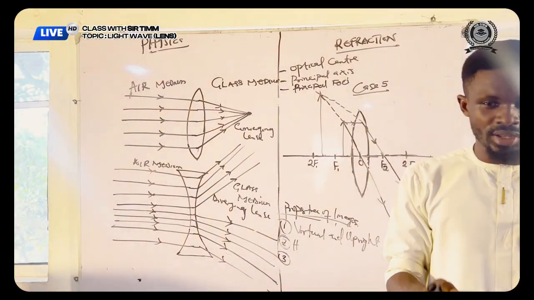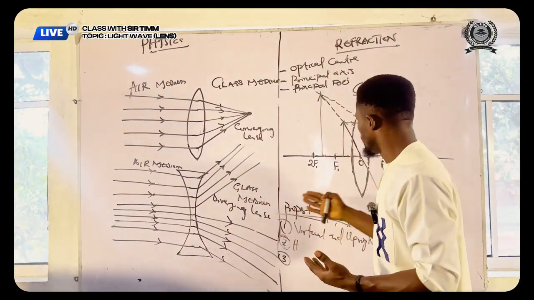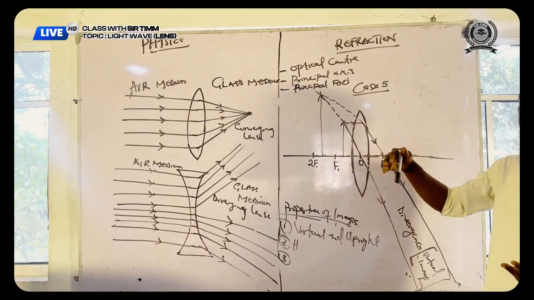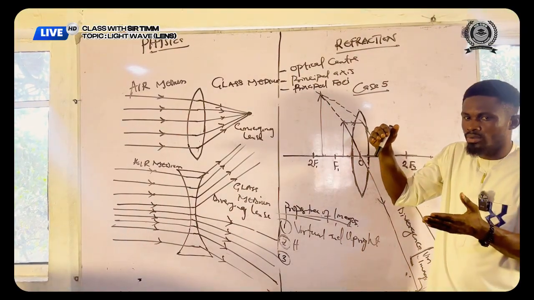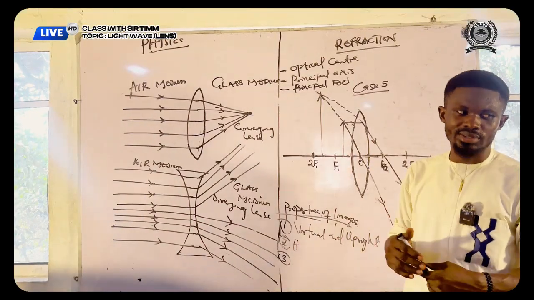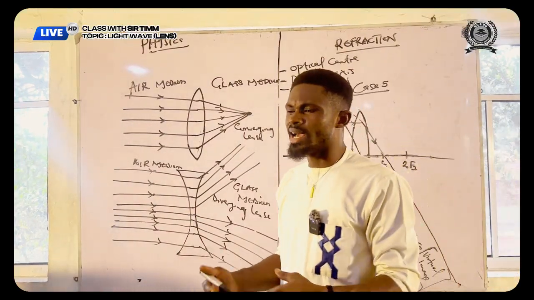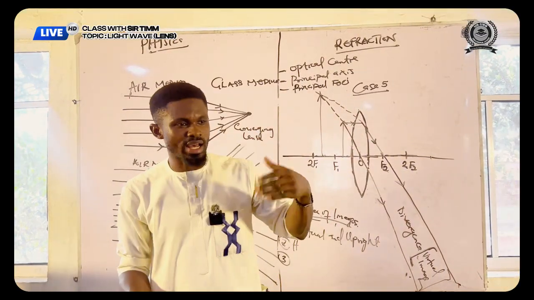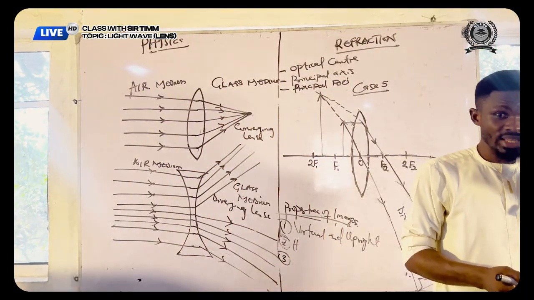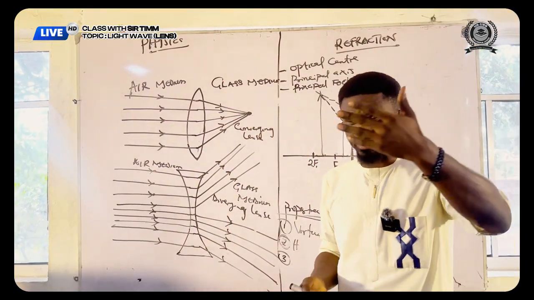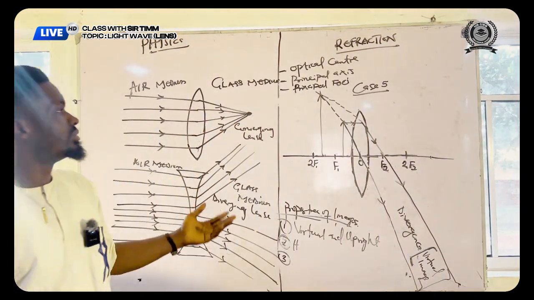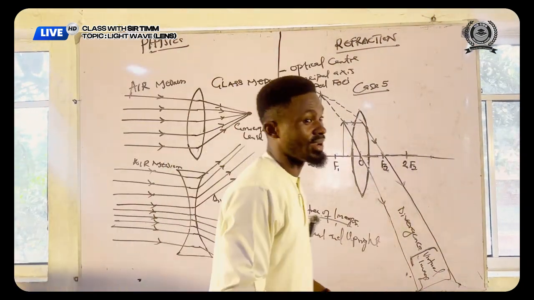When it's magnified, the size of the image might just be a little above the size of the object. But once the size of the image has doubled the size of the object, that is high magnification. Am I communicating? I get to my point. For my own, it is almost highly magnified.